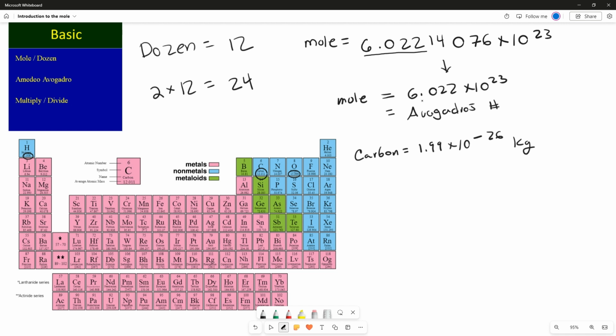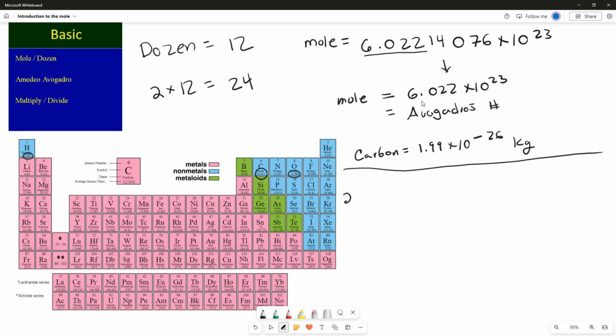Now, one thing that's going to be very important for you to be able to do is to correctly multiply and divide by the number mole, or 6.022 times 10 to the 23rd. So let's take a few examples of just multiplying simple numbers by a mole or dividing simple numbers by a mole to make sure that whatever calculator you're using, you're getting the correct answers.